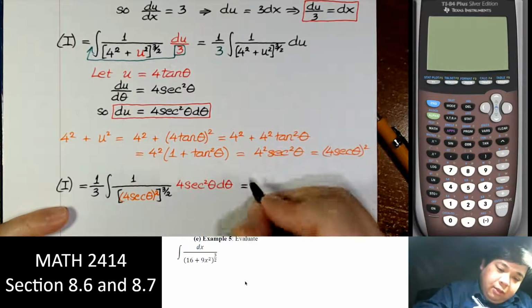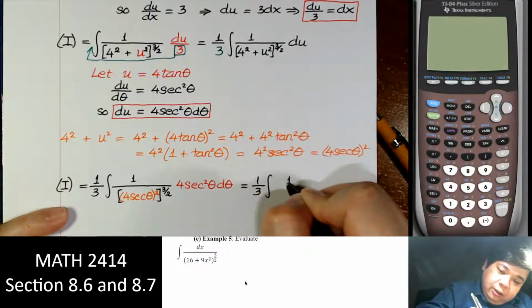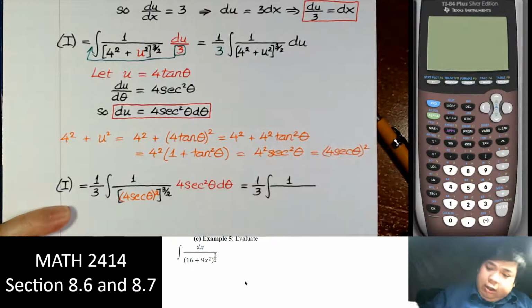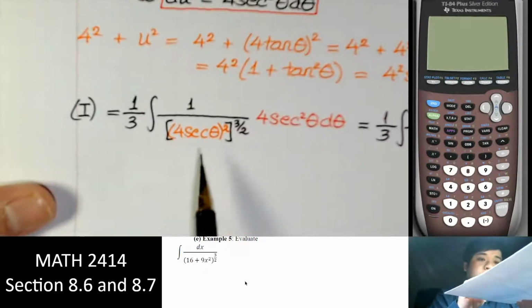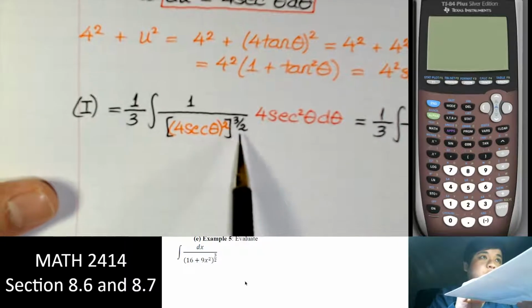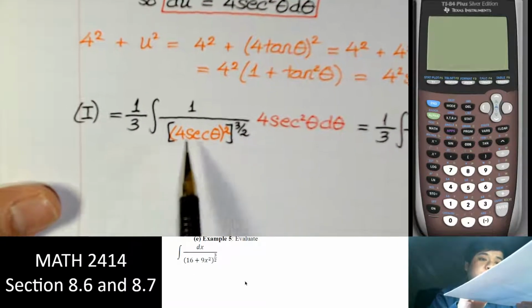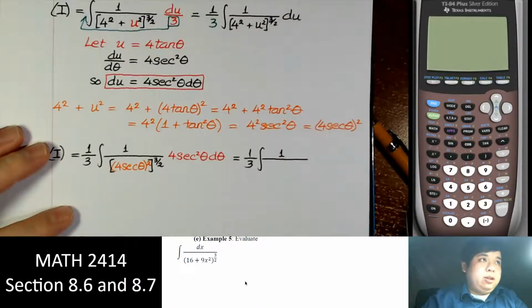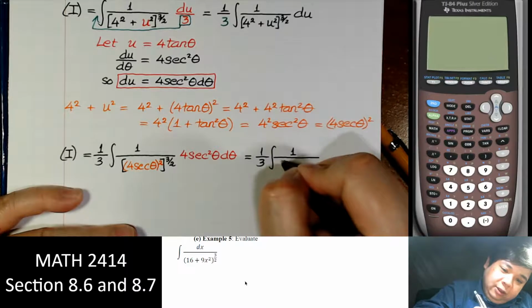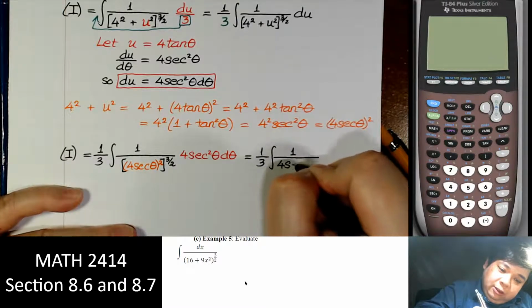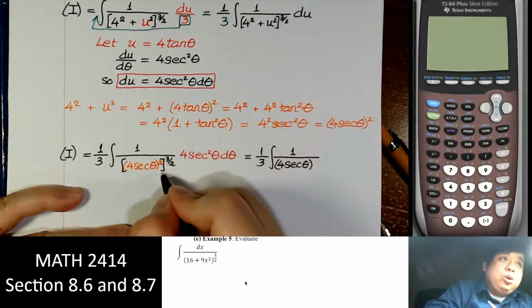Right. So 1 over 3. Now, where we multiply this part, the square and the 2 cancel out. So multiply the power, 2 and 2 cancel. So we have just 4 secant cubed. Two and 2 cancel out.